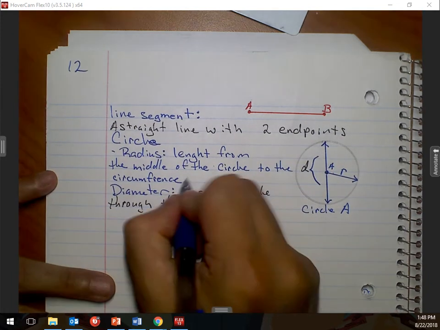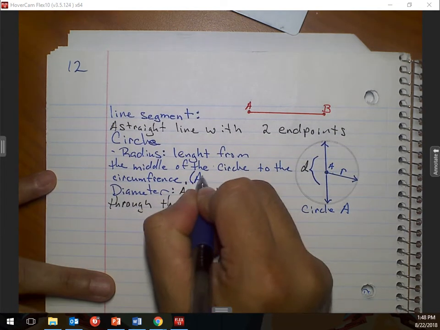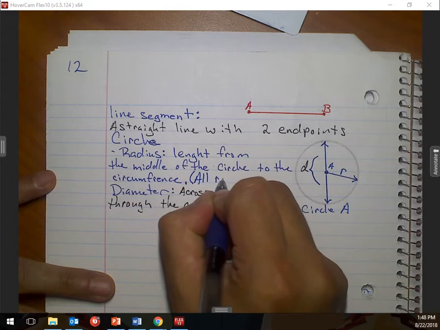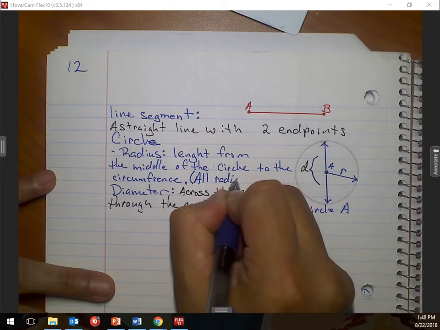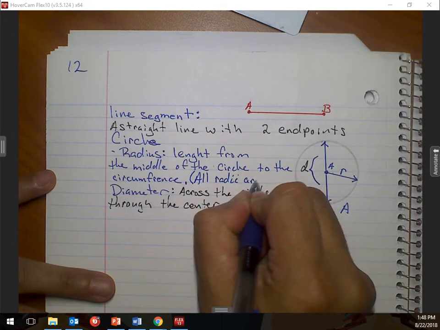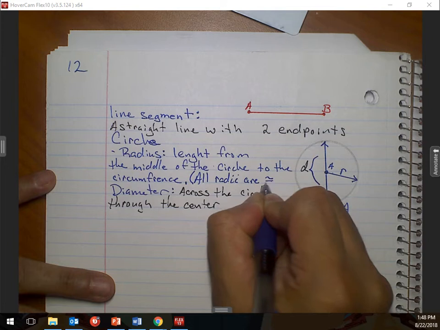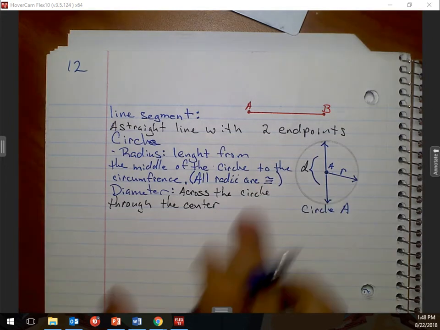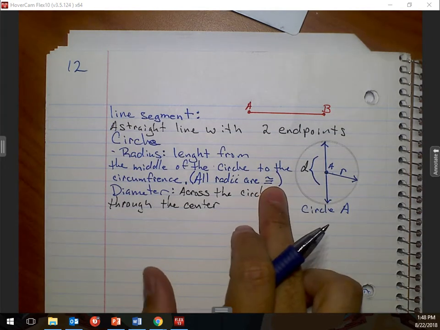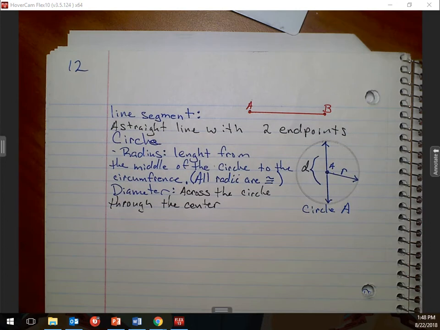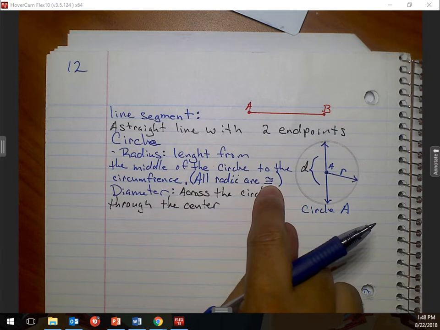So I'm going to add this for radius. All radii are congruent. That symbol right there is the mathematical symbol for congruent.